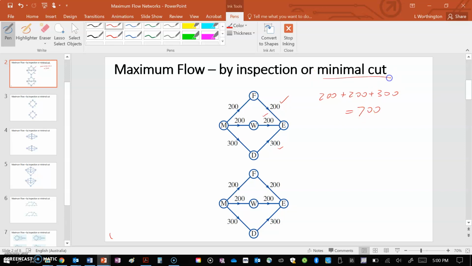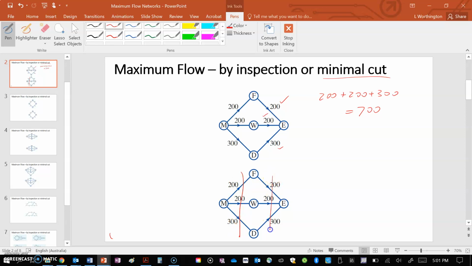Now with the minimal cut method, what you're doing is you're cutting the network in half at different places to see what it is. So if we cut it in half here, our reservoir is completely separated from our sink, and then what we're doing is we're adding up any of the edges that move through that cut. So again, this one would be 200, 200, 300, and that number would be 700 for that cut.